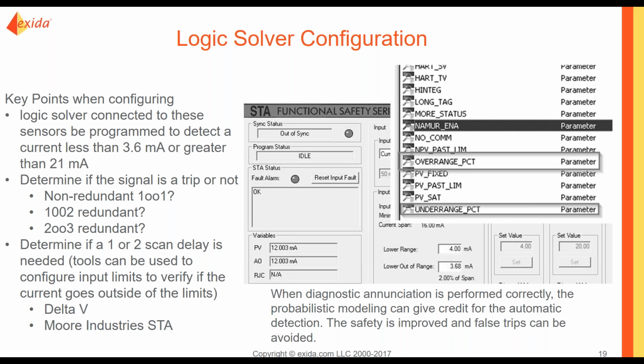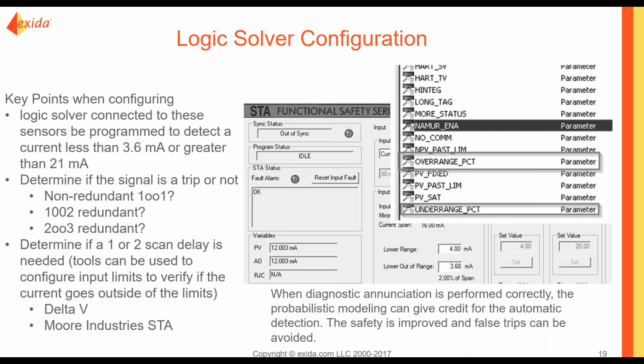And this is done to avoid those false trips when a sensor fails, and the probability of failure upon demand is not impacted significantly. It will be impacted, but not significantly, if the restore times are less than 1 week.